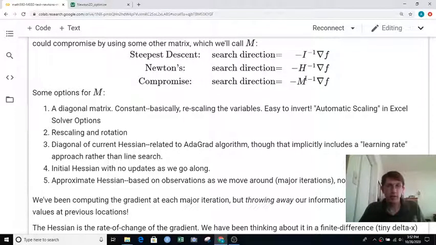If the Hessian doesn't change much from location to location, then maybe that's a good idea. Or, and here's the big idea, let's approximate the Hessian as we go along. Instead of evaluating the full Hessian every time, we'll just use information about how the gradient changed from step to step to say what the Hessian is, and that will give us more of a complete picture about the Hessian.